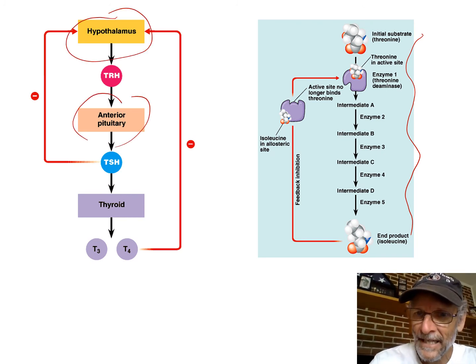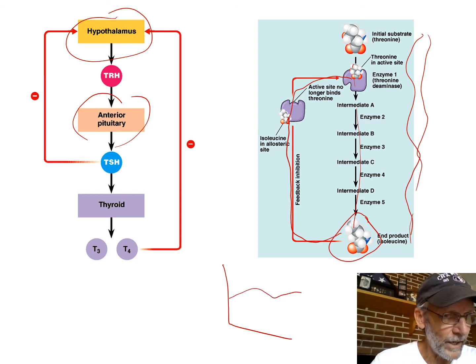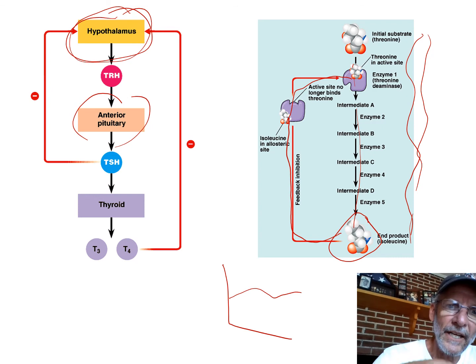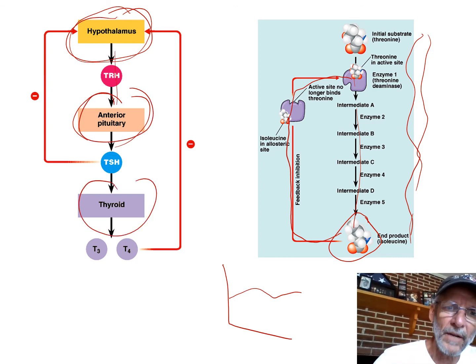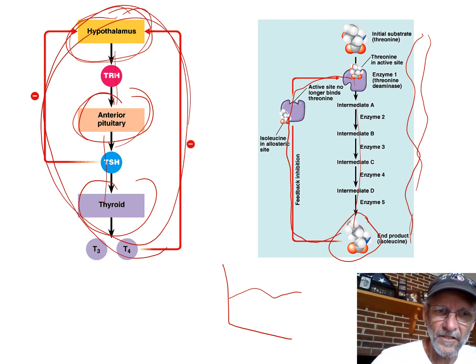So this is all happening inside of one cell, where the end product, as it increases in number, is itself the feedback to shut this mechanism off, keeping the level of that, this is an amino acid, at a certain level in a cell, right? But it's the same kind of thing as when body parts are involved, sending messengers to each other, which is negative feedback regulated to keep something like body temperature or whatever at a certain level.